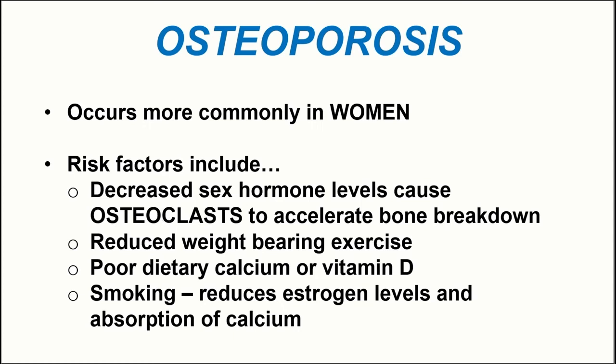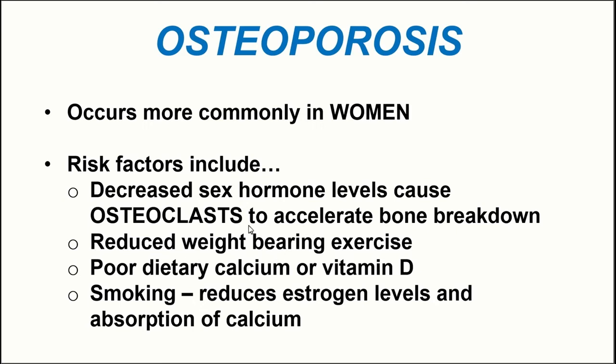And so when those hormone levels start to drop, osteoclasts start to pick up in their breakdown of bone tissue. And so that accelerates the rate at which bone tissue is broken down.